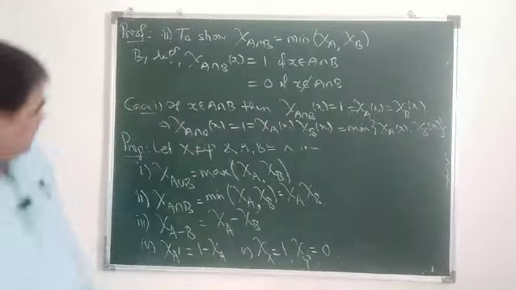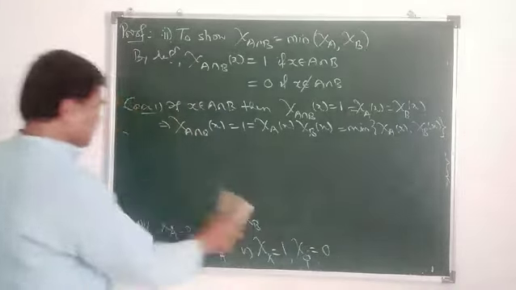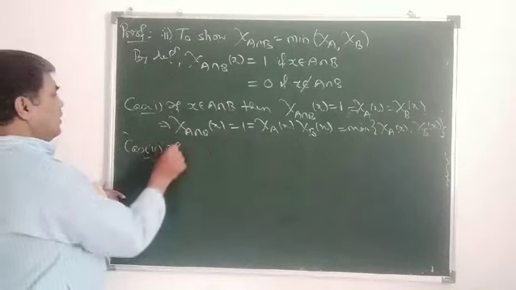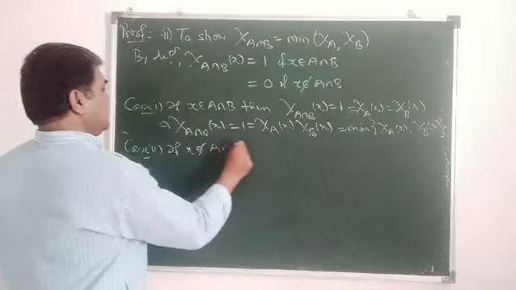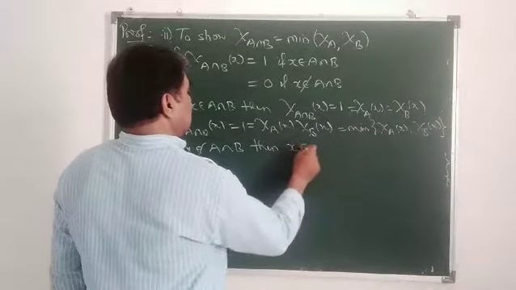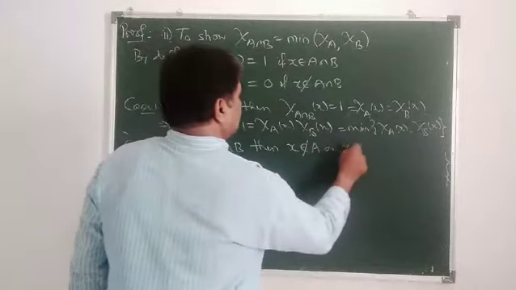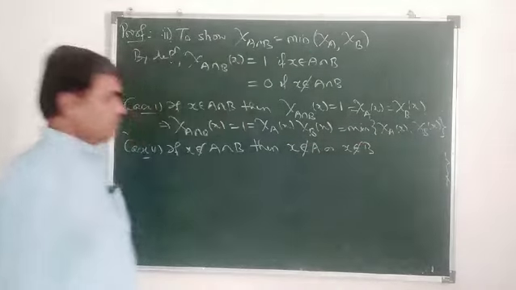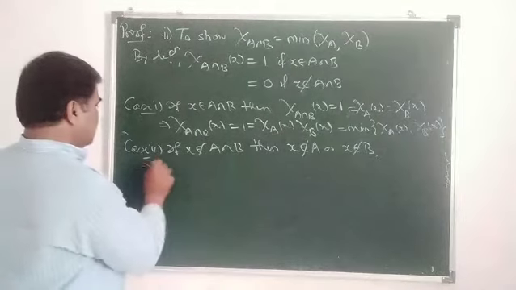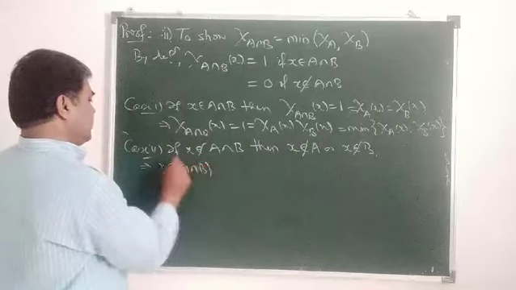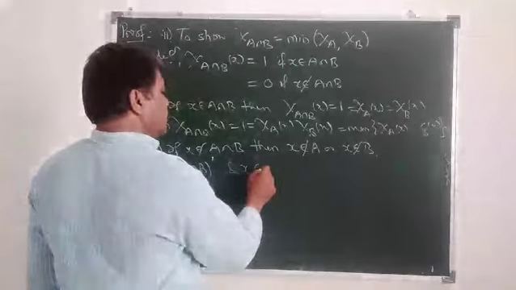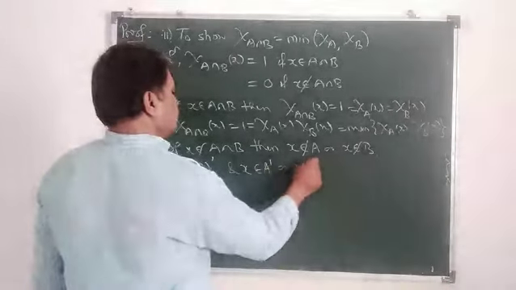Case 2, if x is not in the intersection. If x doesn't belong to A intersection B, then x doesn't belong to A or x doesn't belong to B. This implies x belongs to A intersection B complement, and x belongs to A complement or x belongs to B complement.